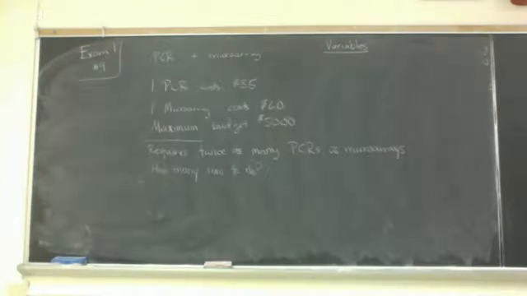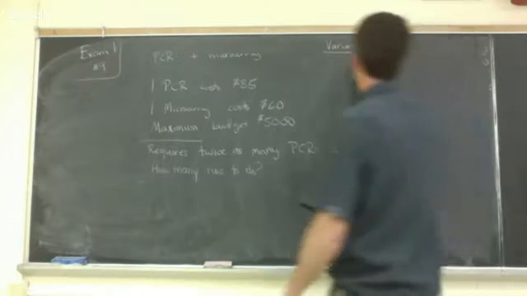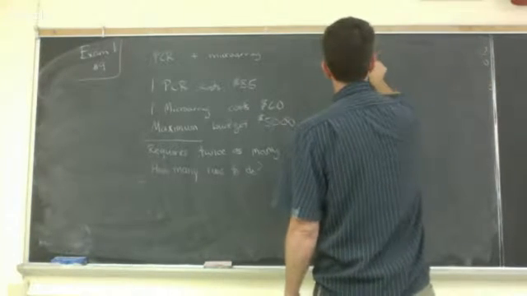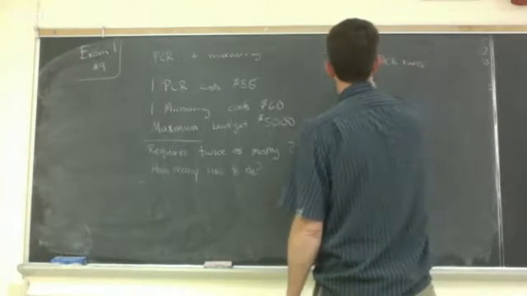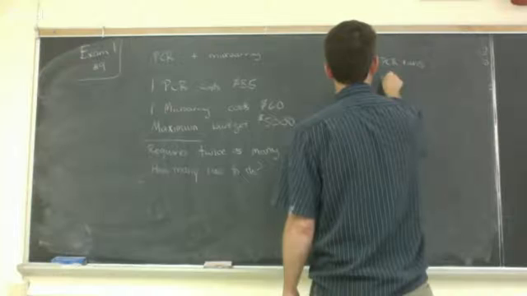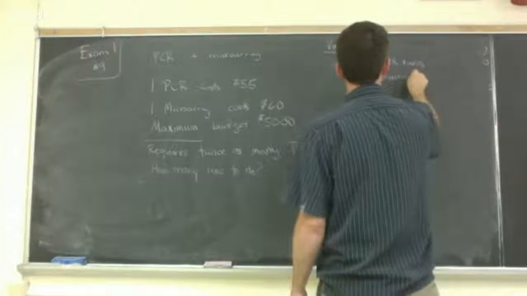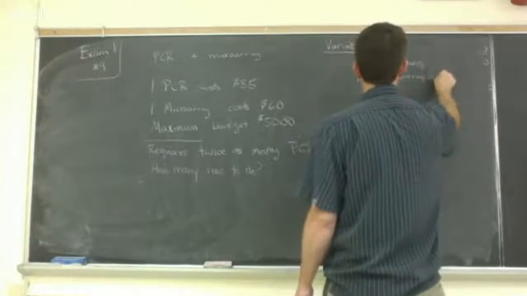What should we think of as our variables? Yeah, great. The number of PCR runs and the number of microarray runs.